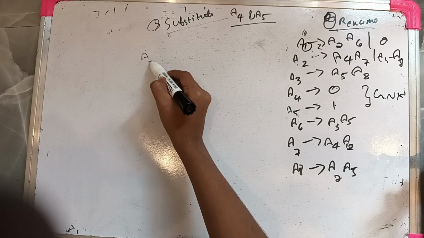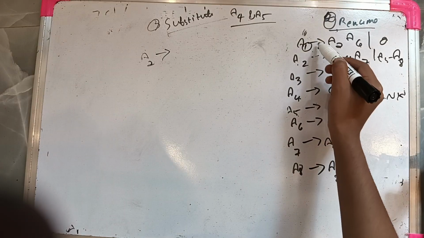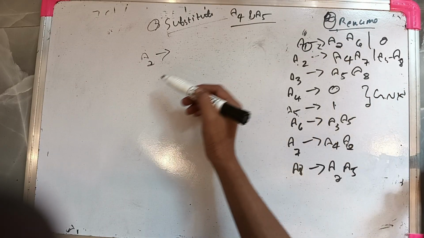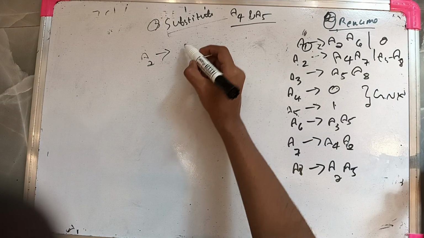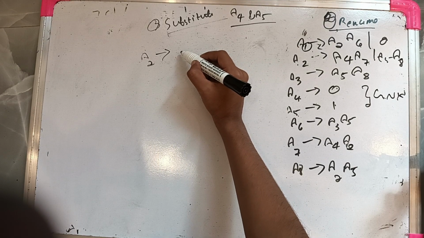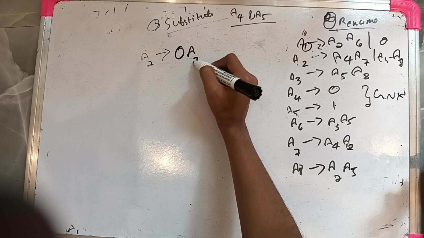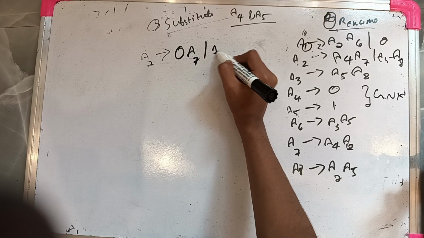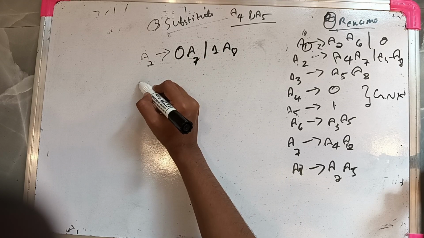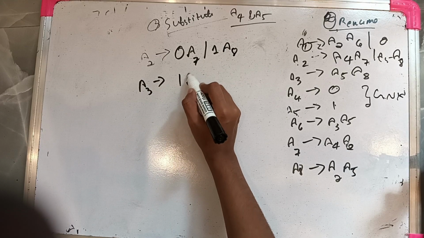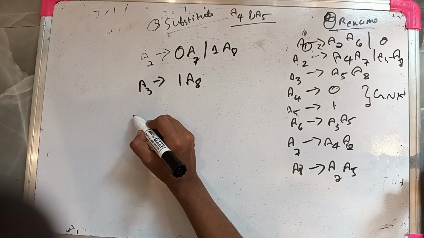I will start from A2 because if I substitute for A1 initially, then again I need to substitute. So I will start from here. A4 means 0 and A7. Next A5 means 1, A8. Next in case of A3, A5 means 1 and A8.